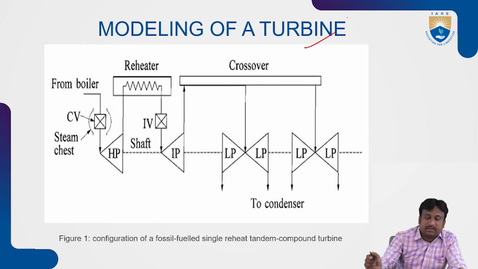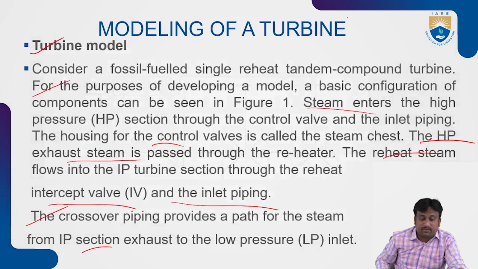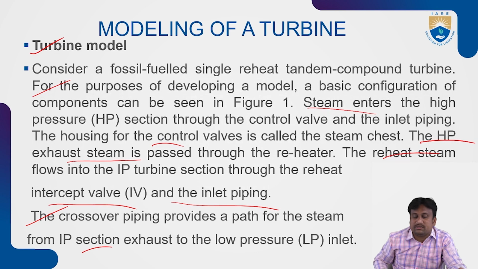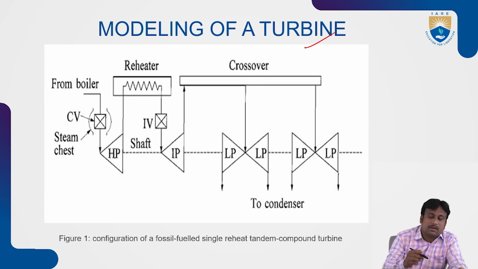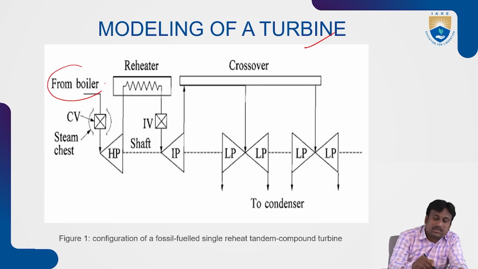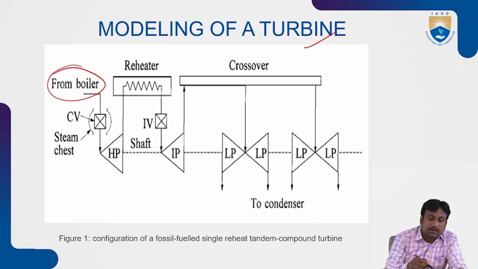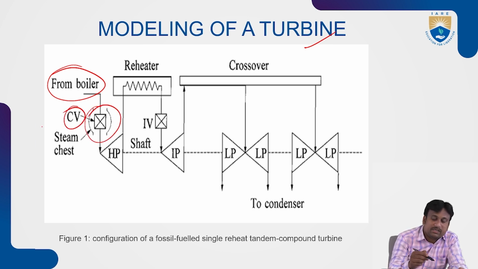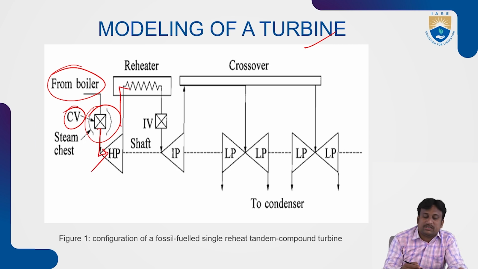This is the basic representation of what we discussed as a fossil fueled single reheat tandem compound turbine. It contains the primary section connected from the boiler, called the steam chest, represented by CV. It is connected to the HP section and tied to the reheater section.